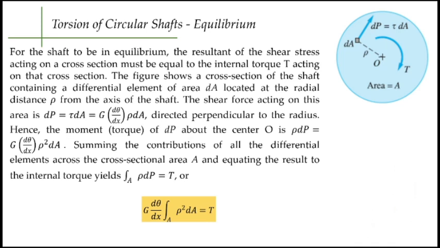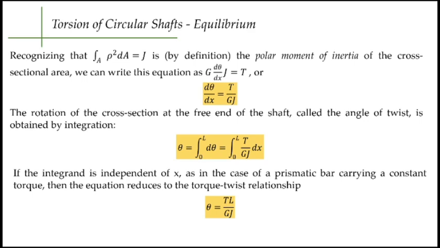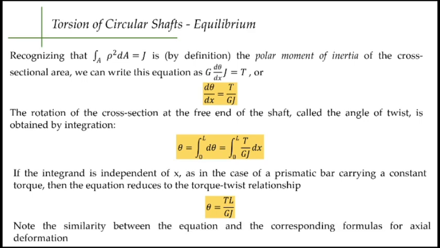Nevertheless, we will be doing this derivation. You can just go over this. And ultimately, we will have this equation. Angle of twist, this one here, this is the torque twist relationship. Angle of twist is equal to TL over GJ, although in some textbooks they use angle of twist is equal to TL over JG because it is much easier to remember, since starting with J is the softer pronunciation than the hard pronunciation of first G and then J. So it's better to say JG rather than GJ.